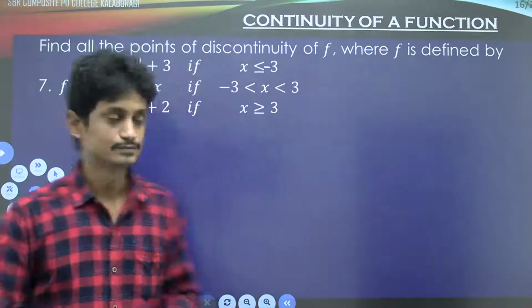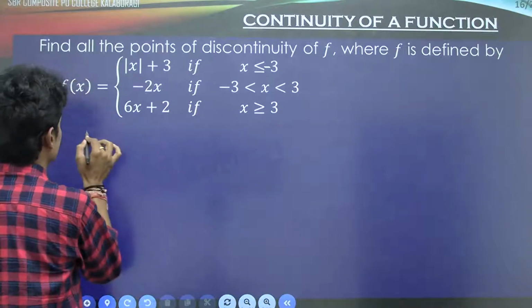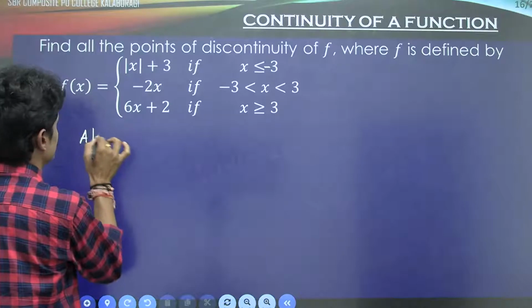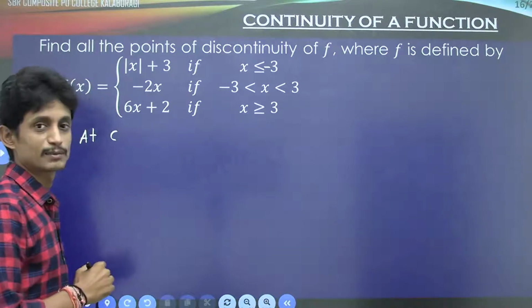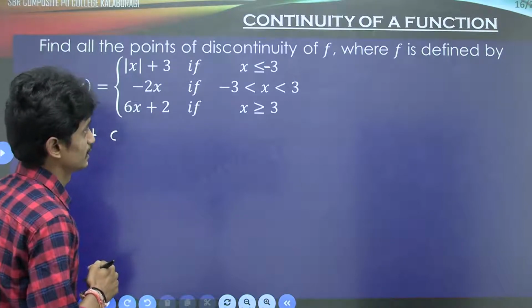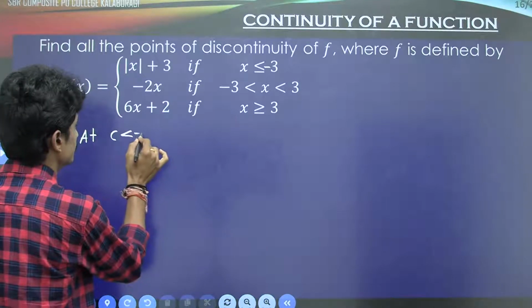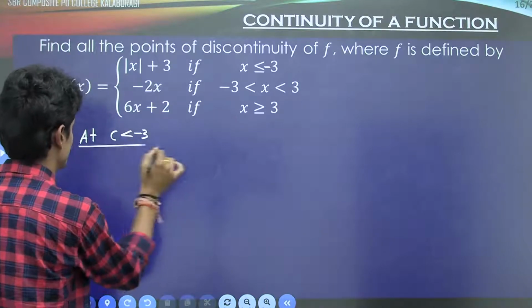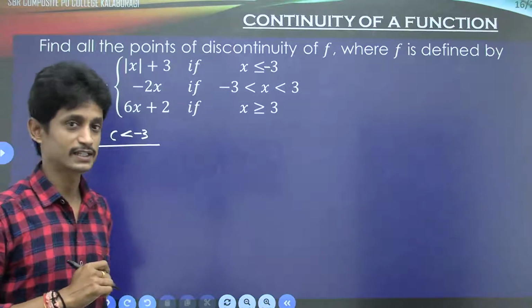So now we should go by the first case at c. Clear? Some arbitrary point I will take in that interval, where x is less than minus 3. c is less than minus 3. This is case number 1. Be careful while writing.